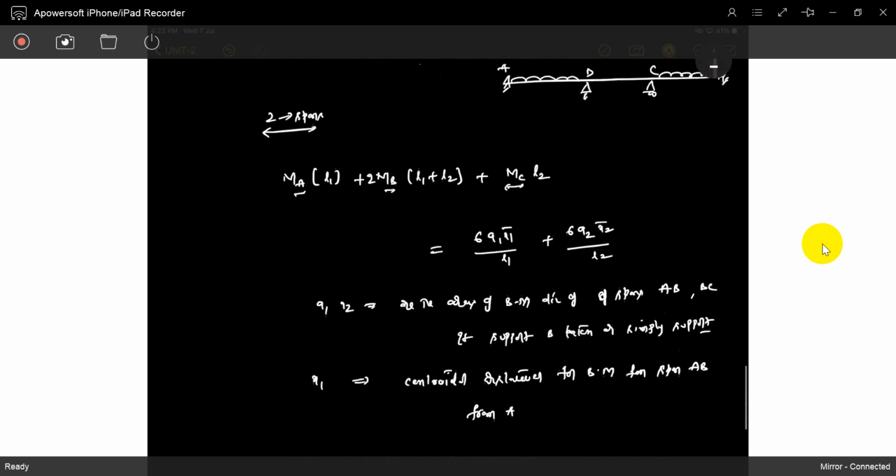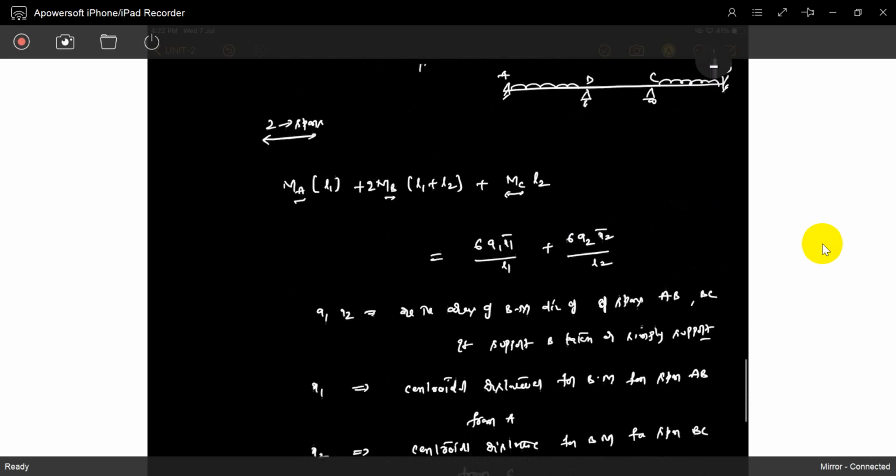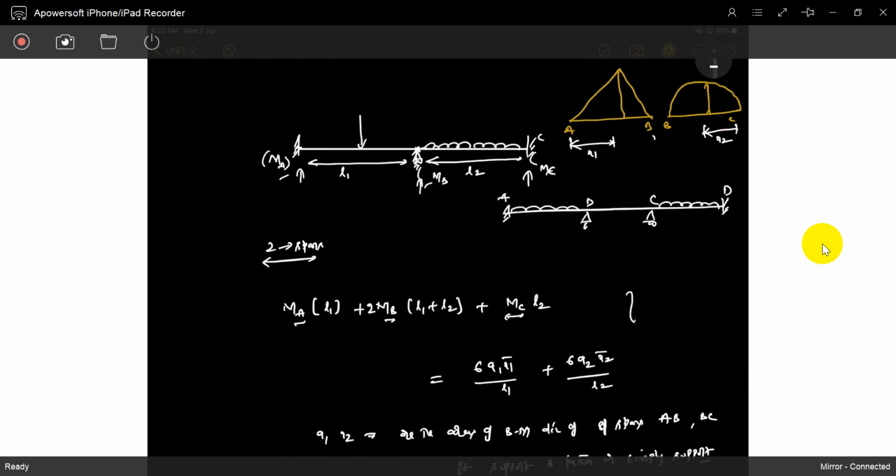So x2 is the same: the centroidal distance for the bending moment diagram for span BC from C, not B. So for BC, the centroidal distance comes from C. This is x2. Understood? That's it. So this is the equation we can get.